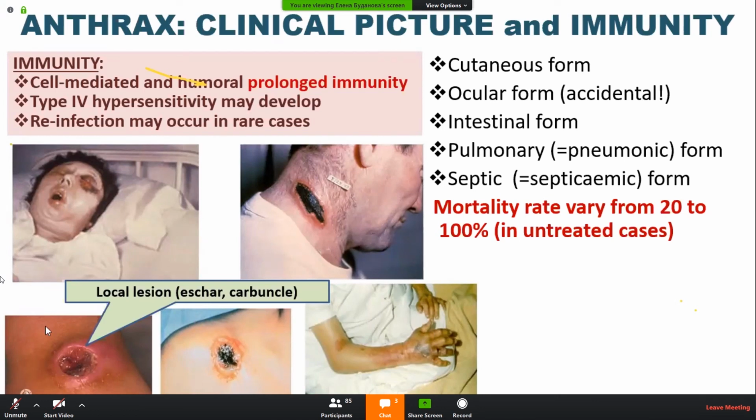But the primary lesion is this one. It is carbuncle. And it may be cutaneous form, like it is shown here. It may be ocular form, and pulmonary and septic form. The last three are fatal to a patient within few days after exposure.